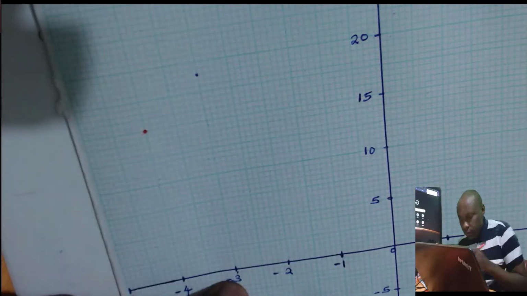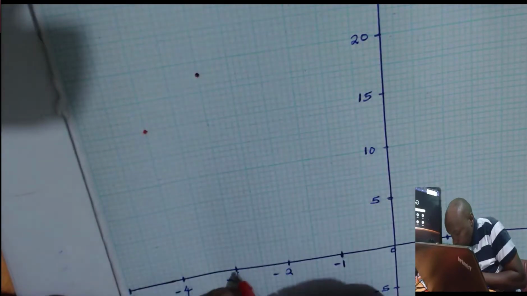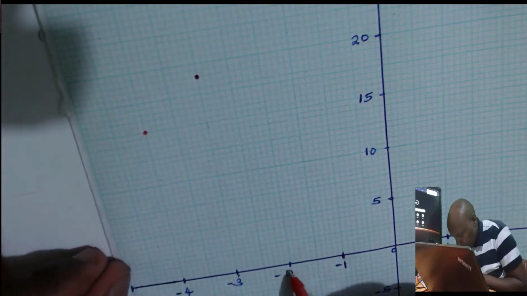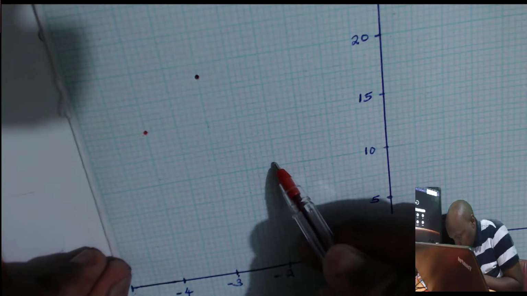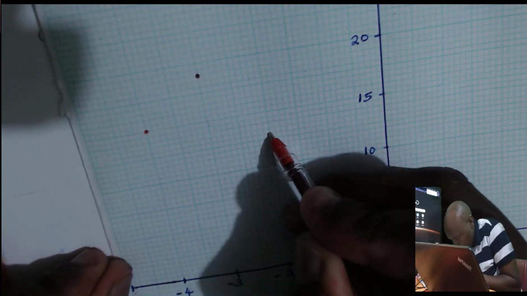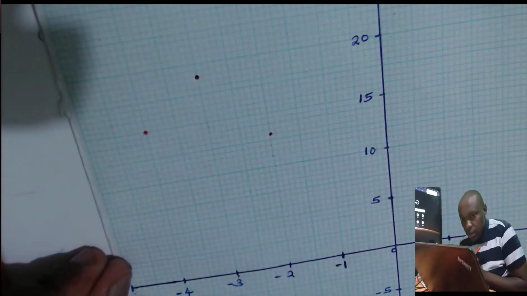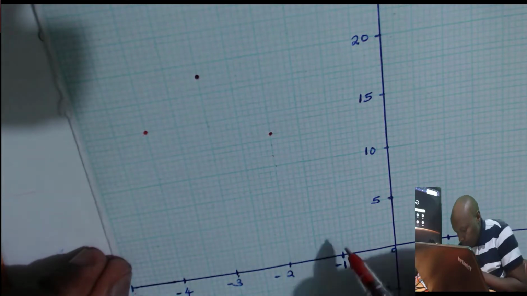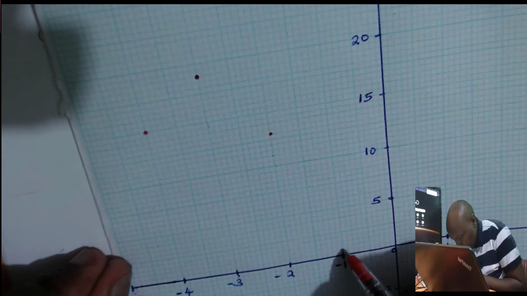So negative 3, then you go up, 19 is there. Negative 2, 13. 10 is here, so this is 11, 12, 13. Yes, 13 is there. And then there is the other one, which is negative 1, 3. So 1, 2, 3.